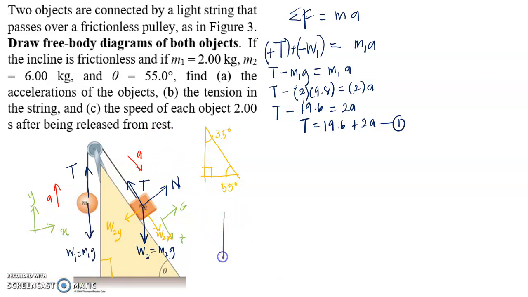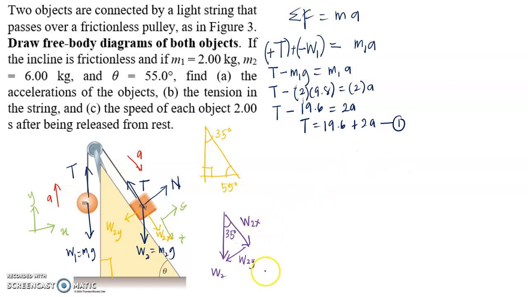This is W2, and then we have W2x, and I'm going to move W2y from the top here to the bottom of the triangle. So this is W2y. And again, the angle will be 35 degrees.